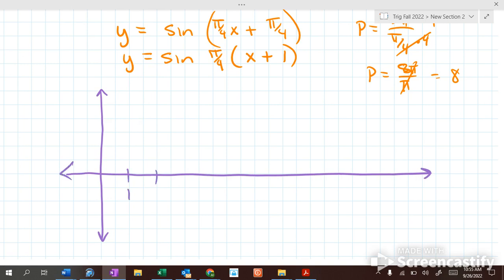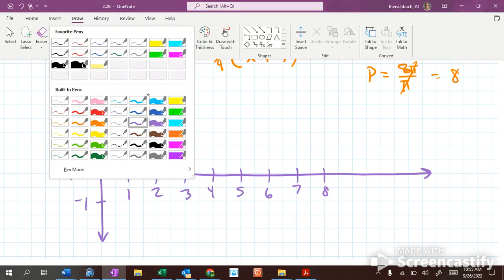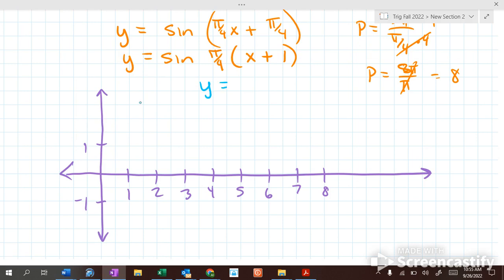So I'm going to go 1, 2, 3, 4, 5, 6, 7, 8. 1, -1. Okay, so the first graph I'm going to draw is y equals sine of pi over 4x, because that's what I took out, okay? So where do I start sine at? 0, 0.